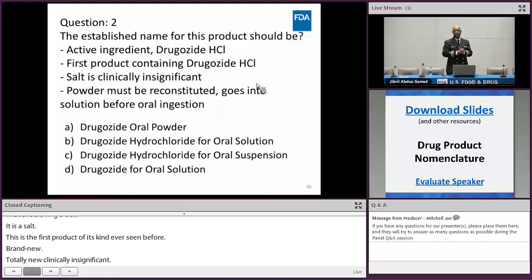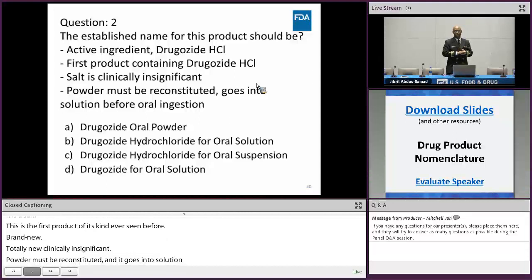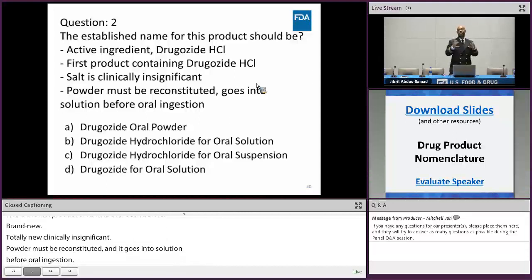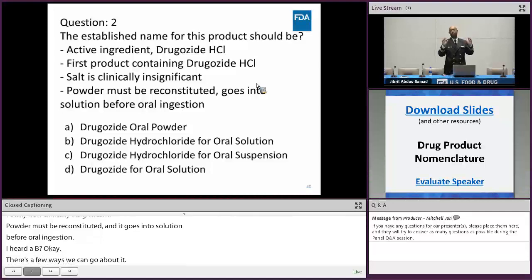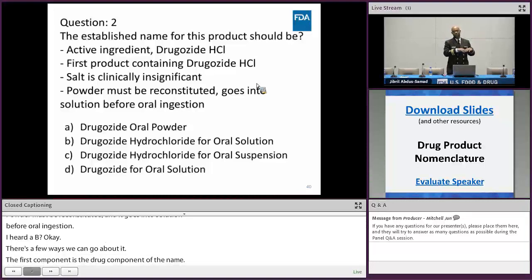D, I heard a B. Okay. So let's think, there's a few ways we can go about it, but the first component is the drug component of the name. What should that be? All right, so the salt is clinically insignificant. This is totally new, so there's no historical things we have to consider. So drugazide, we know that's right. And then what about the route of administration?